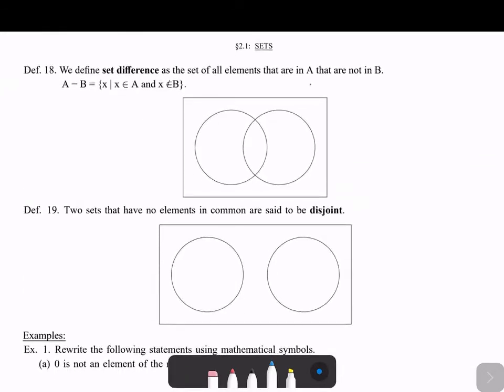So if we have still our same universal set, and we have our set A, and we have our set B, let me rewrite that U. The set difference is the things that are in A that are not in B. So we want the things here in A, but we're not going to shade anything that overlaps with B. So that's going to be the set difference. Everything in A, and we subtract out, take away everything that was also in B.